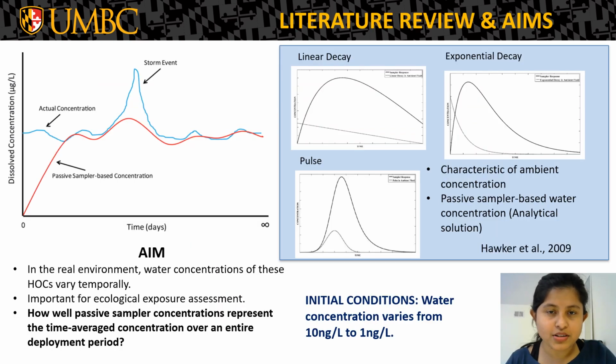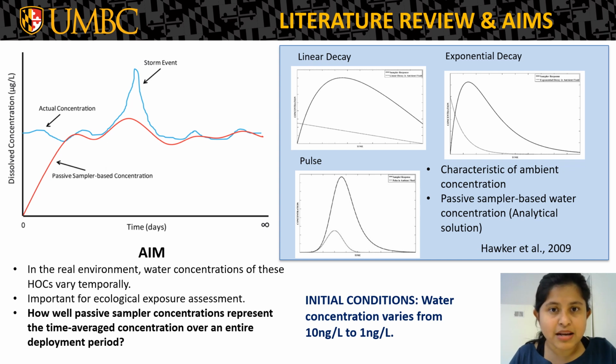So here is a conceptual diagram showing how actual water column concentrations of HOCs vary over time, which is shown by the blue line, with events like storm flow, industrial runoff, and tides. The red line corresponds to the passive sampler based water column concentration of the HOC, showing the time integrated measurement of it.